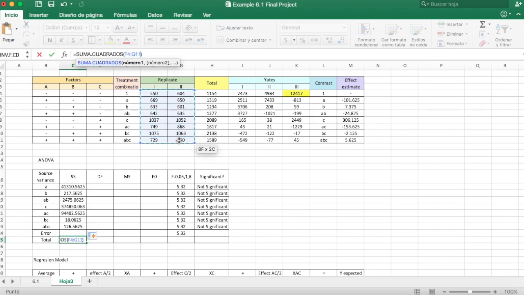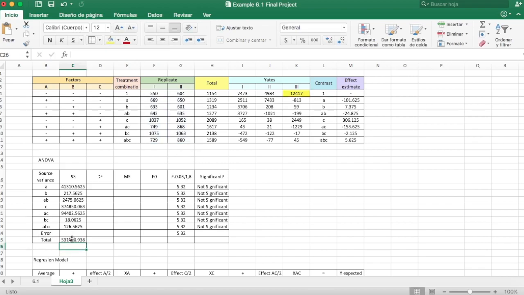You select all the data, then minus the grand total squared over the number of data that we have, which is 16.